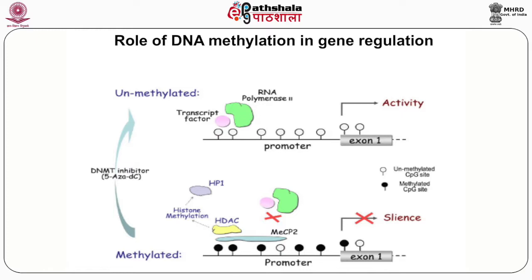For example, methylated CpGs attract methyl-CpG binding domain proteins, or MBD proteins, that recruit repressor complexes, resulting in histone modification.